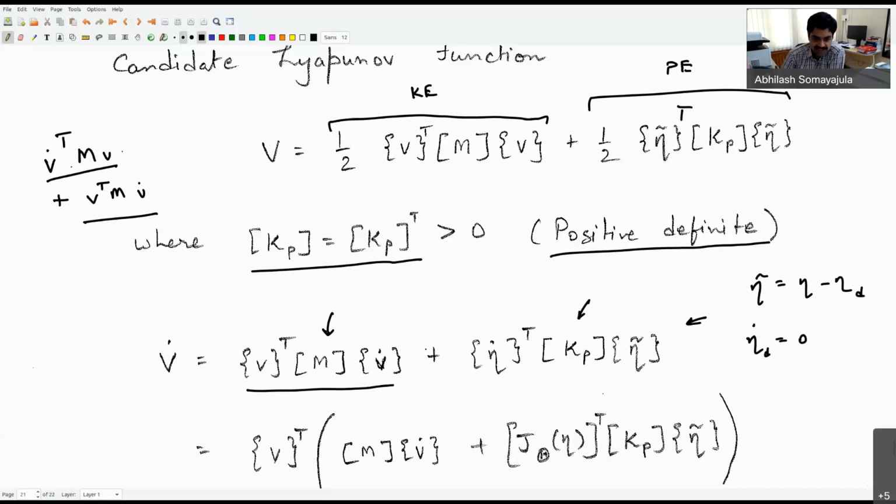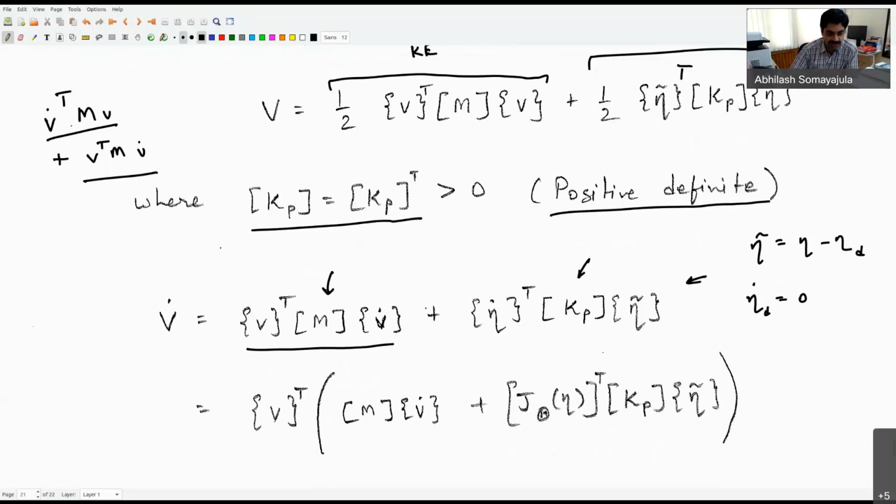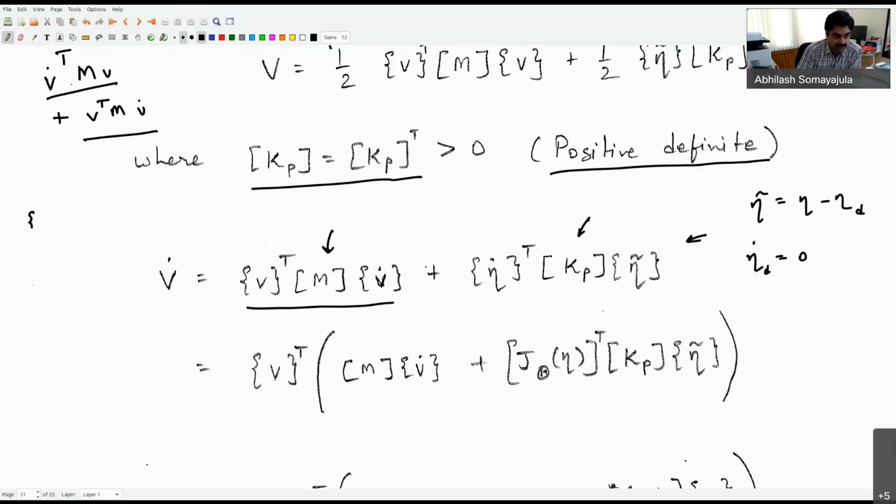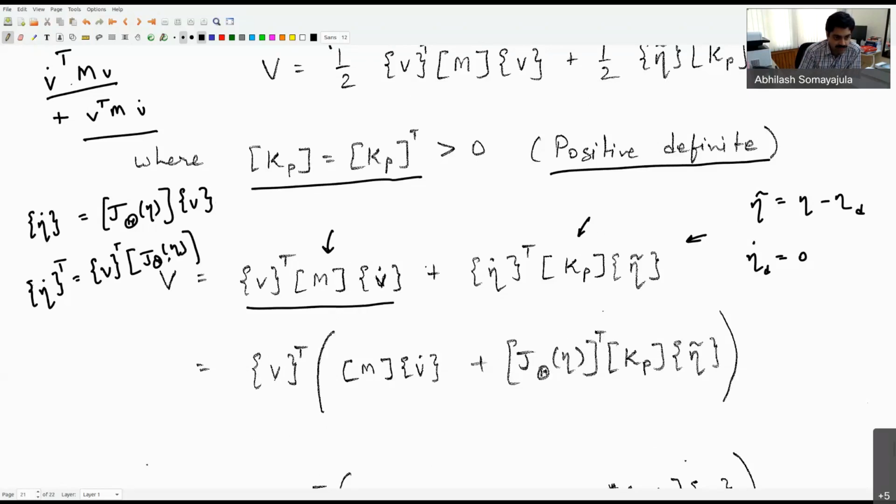Putting both of these together, I can express eta dot transpose in terms of V. I already know that eta dot is J of theta times V. So if I want to write eta dot transpose, that will be V transpose J of theta transpose.